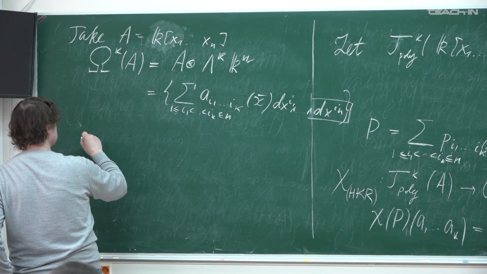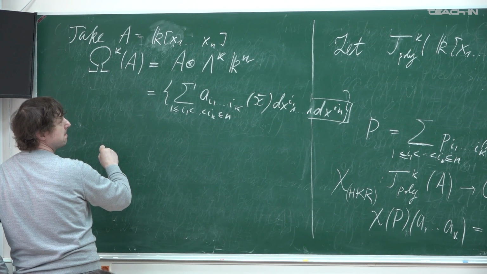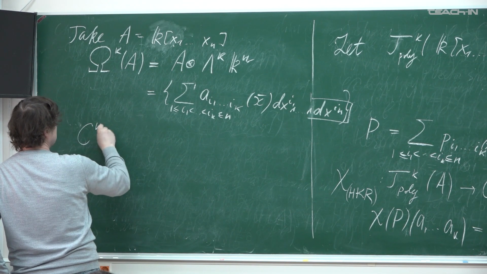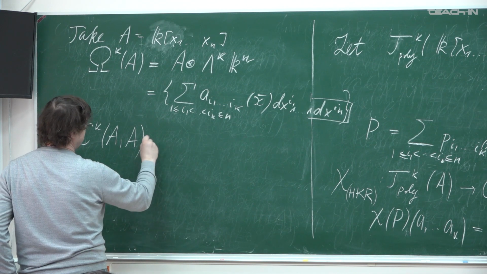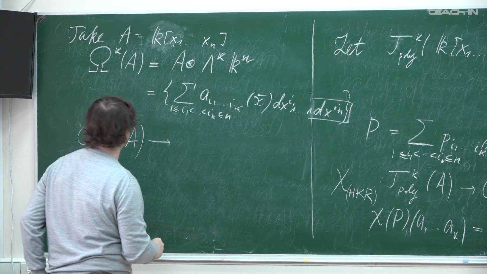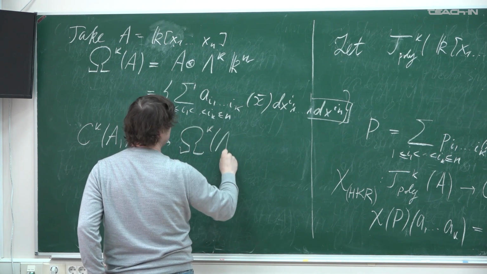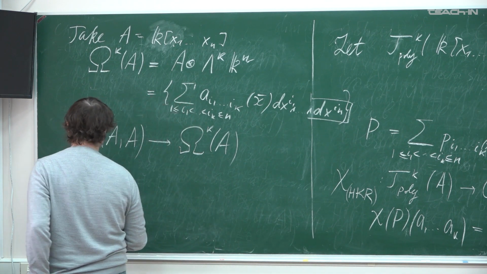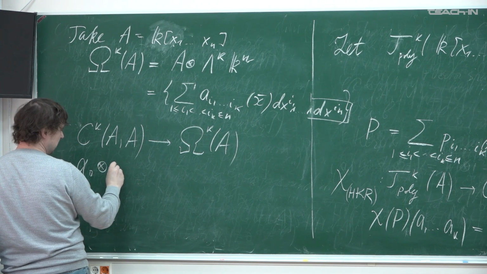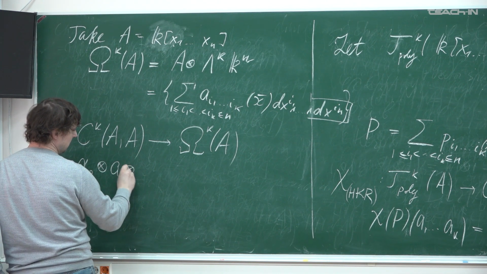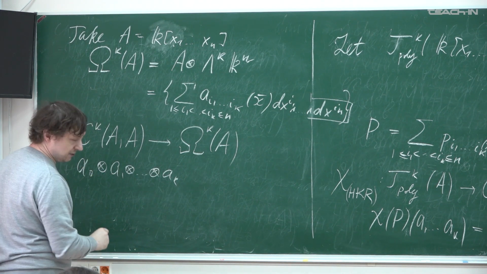And I have a map from C_k(A, A) to Omega^k(A). So this map is given by the following. The element here is of the form a0 ⊗ a1 ⊗ ... ⊗ ak. And these a's play different roles.